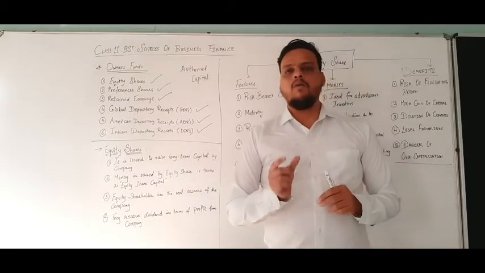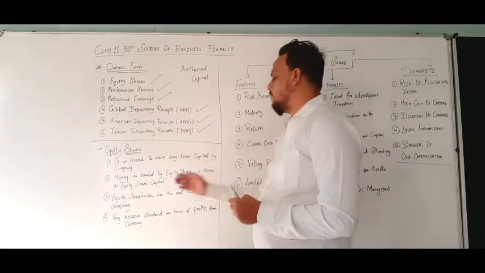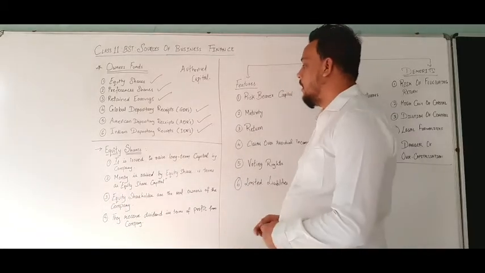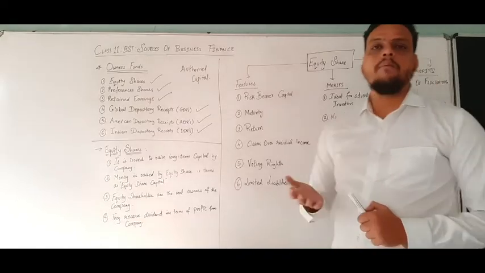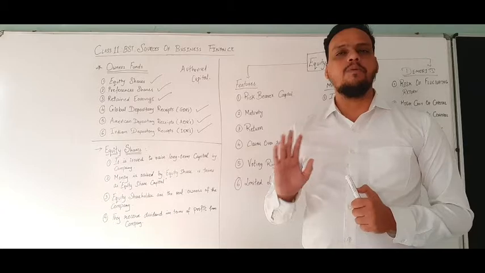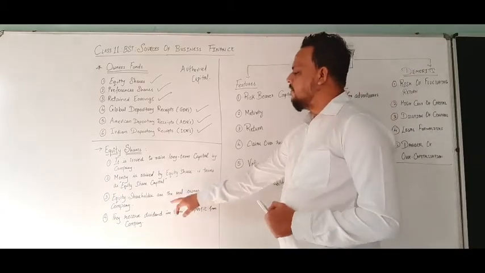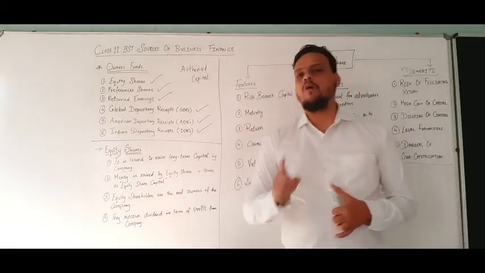After that, the amount which remains is divided among the equity shareholders. Here one thing should be very clear. If the profit is huge, and after giving all the money to the debtors and creditors and paying the interest, the remaining amount is huge, the equity shareholder gets huge profits in terms of dividend.